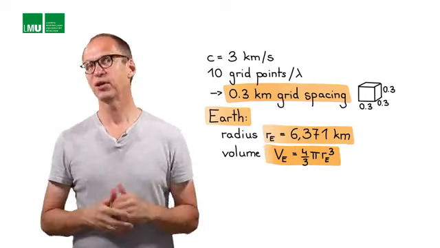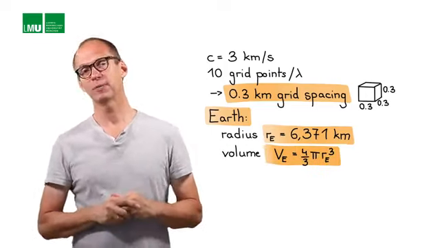Now that's a very big number, as you can imagine, and we need to divide the entire volume of the Earth by the volume of our unit cell, the smallest grid cell, your computational cell if you want. And that's 0.3 kilometers in brackets to the power of 3. Now, if you make the calculation, you get a very large number. That's actually 4 times 10 to the power of 13.